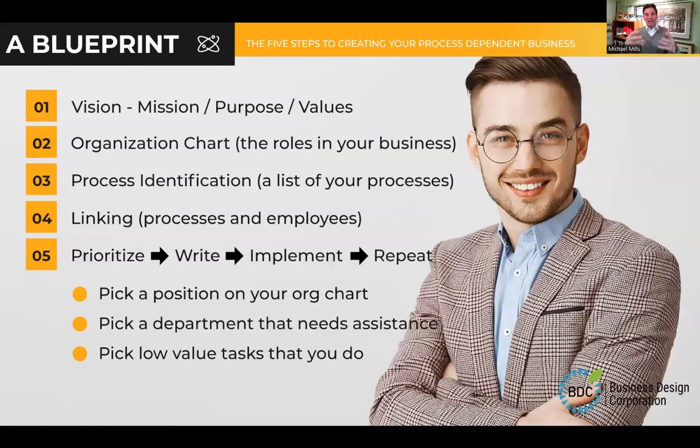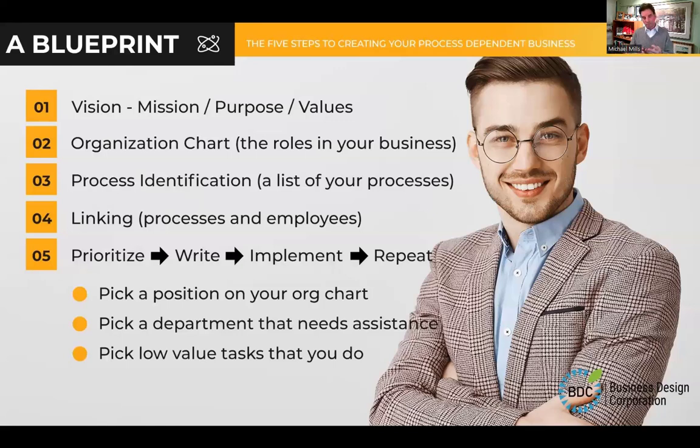And because they're linked to roles on your org chart, which was developed in step 2, you can give them away easily. You simply click on that role, and there are all of the processes for someone who's hired for that role, something to train them in and something to hold them accountable to as you're managing them.